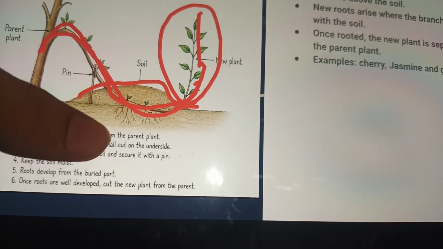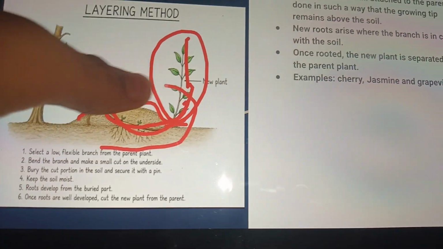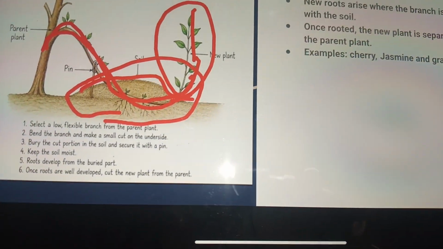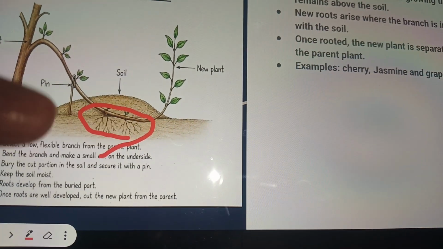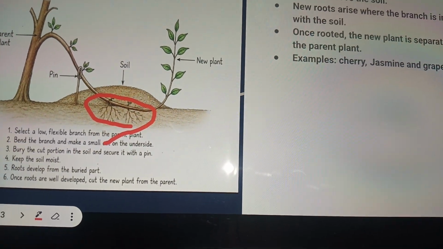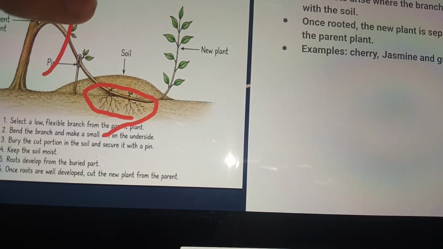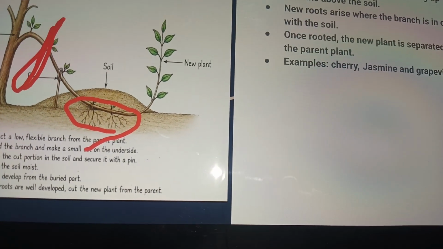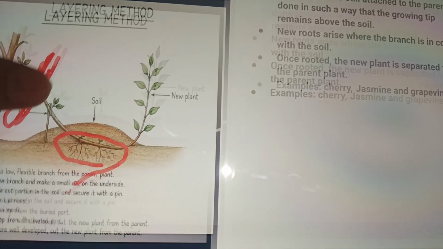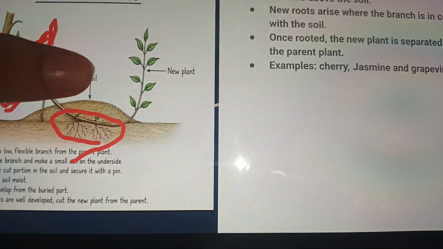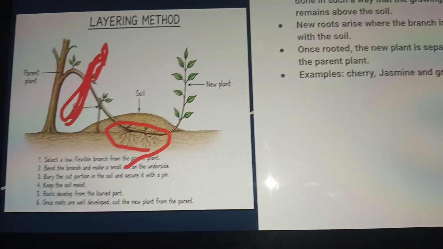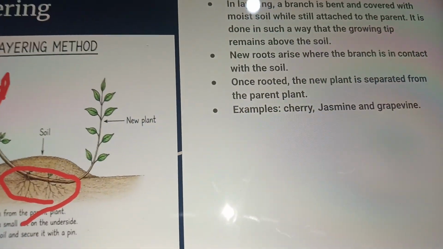Then new roots arise from the part of the branch under the soil. When it is completely rooted, completely grown, you can cut or separate the daughter plant from the parent plant. Is that clear? This is the layering method.